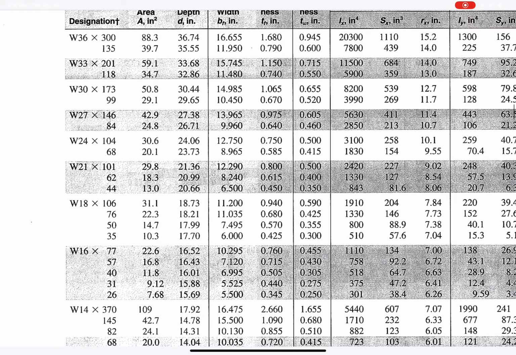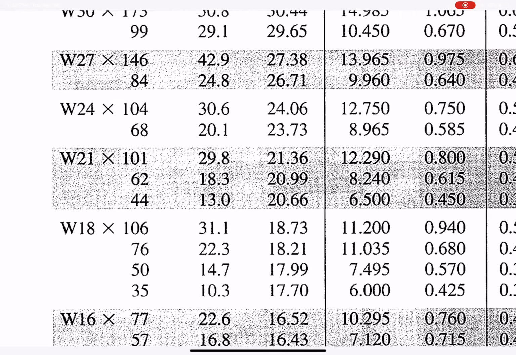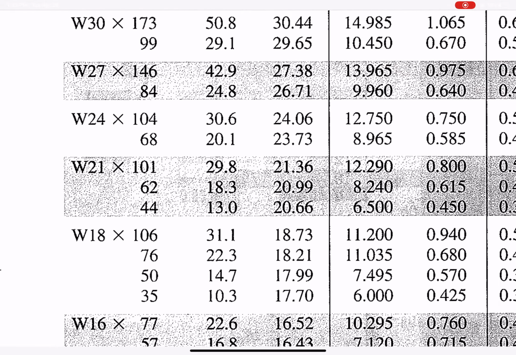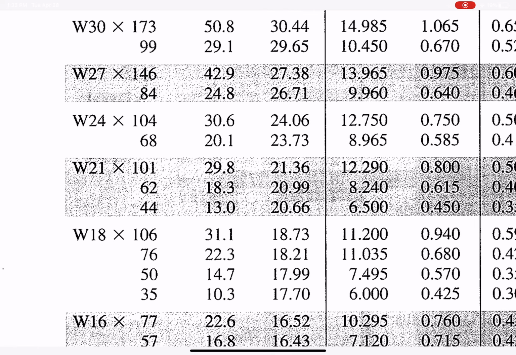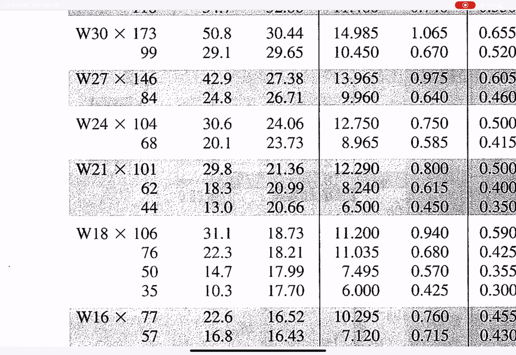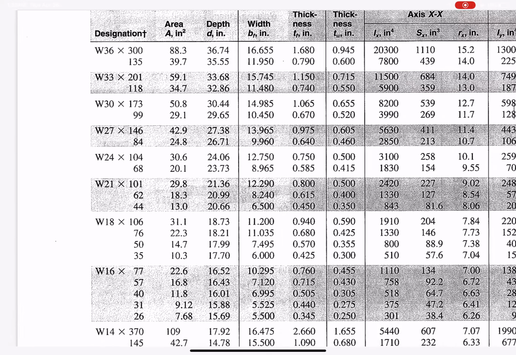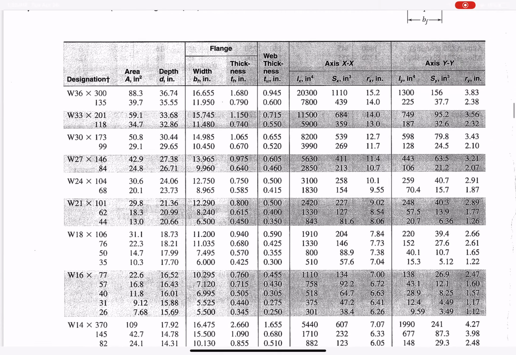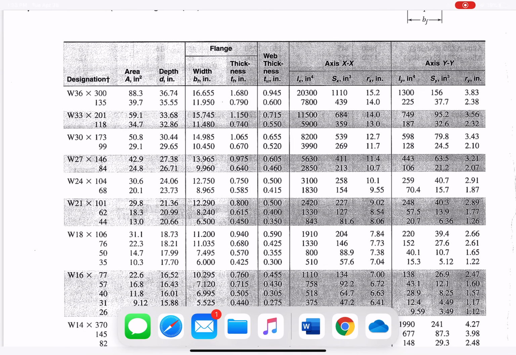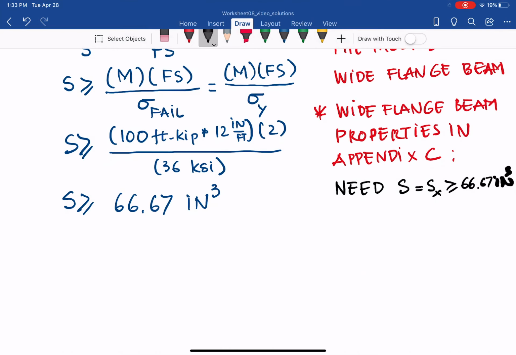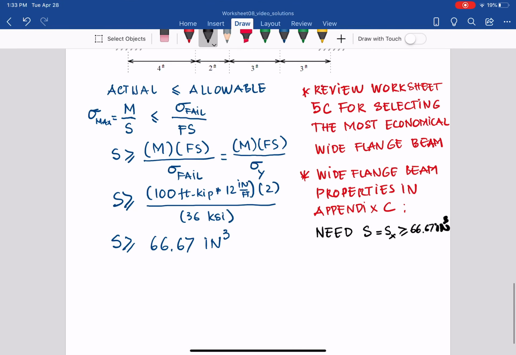So that is the second component. It turned out to be the W21 by 44. It will be the most economical cross section, the wide flange, for this problem. To find multiple candidates again, take some time and go back to worksheet 5C so you can review how to find different options and select the most economical option.